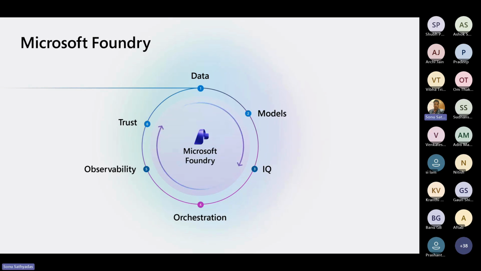We have a model catalog from which we can choose the appropriate model for our workload. It may be a simple model or a complex model for reasoning activities. We also have Foundry IQ, which helps us connect custom data to the generative AI models. If you want to integrate your own organization-specific data, you can use Foundry IQ.